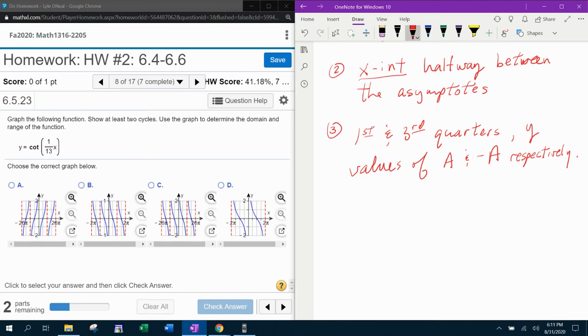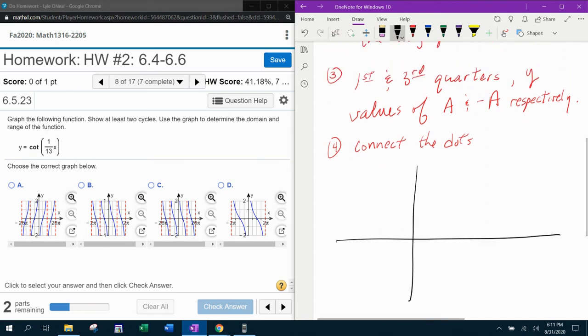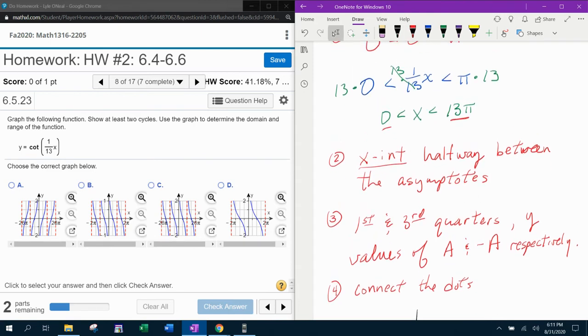And I'll explain what that means in just a second. Step number 4, which is the last step, is connect the dots. So let's get us a coordinate system laid out here, and let's demonstrate how the 4 steps lead us to the graph, okay?